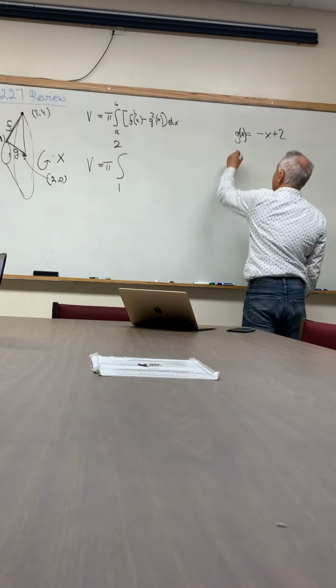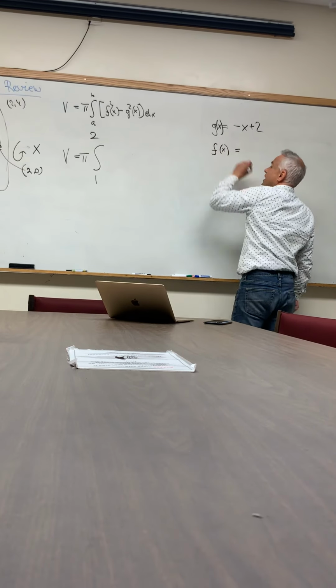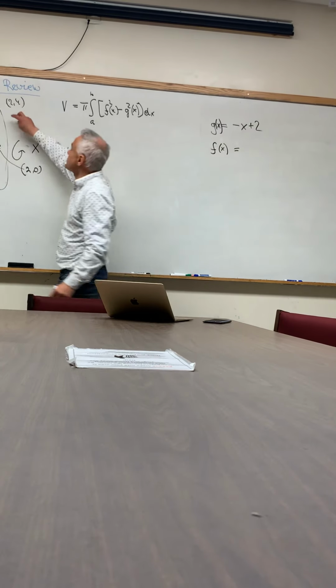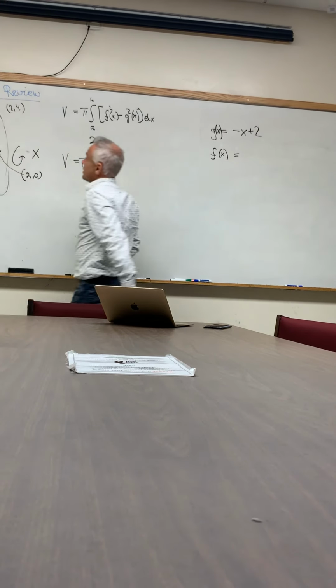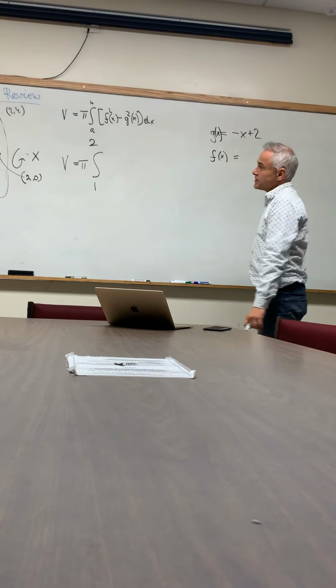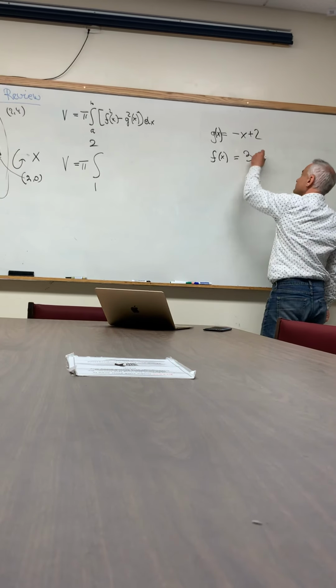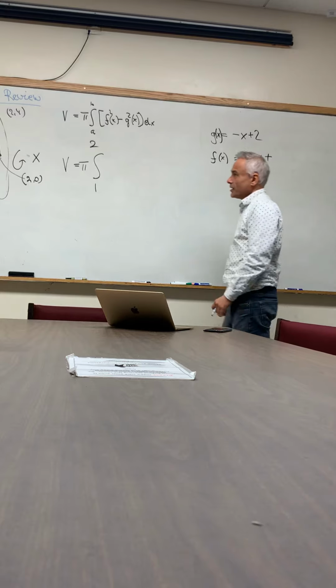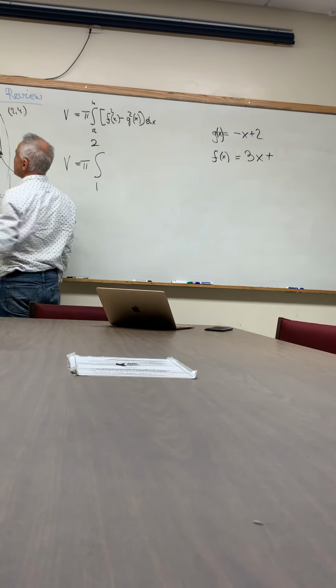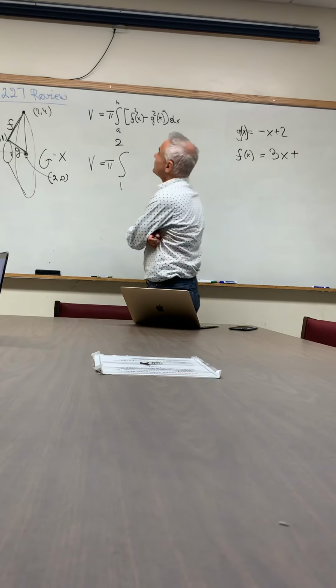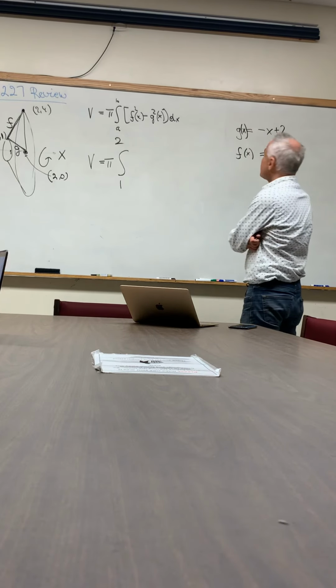So f would have the slope 3 divided by 1. And where would that hit the horizontal axis? Can you tell me?